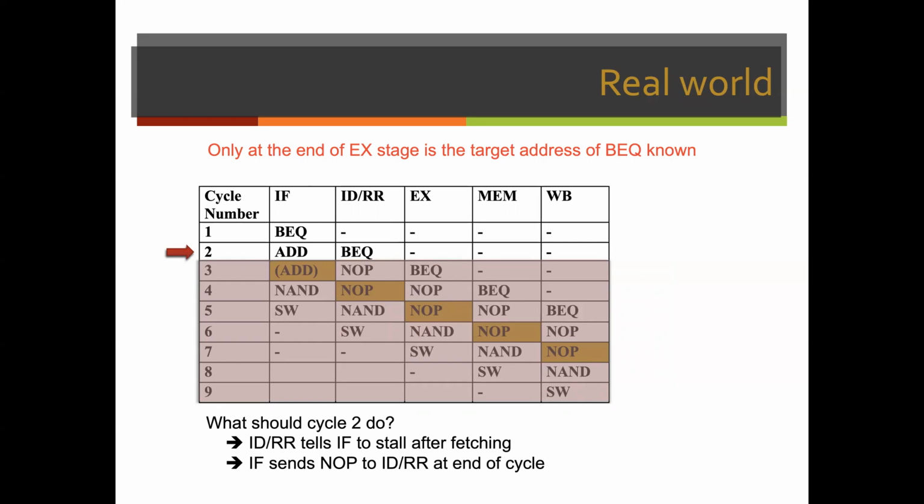So what needs to happen for cycle 2? IDRR is going to tell the instruction fetch to stall after fetching. So instruction fetch will send a no-op to IDRR at the end of the cycle.